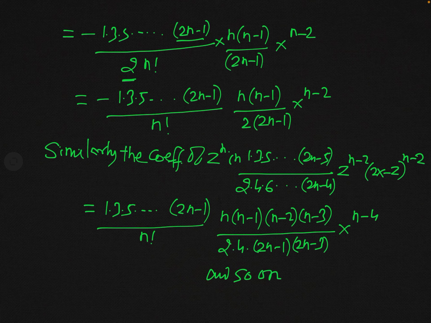So now we will write the sum of these coefficients and express that function 1 minus 2xz plus z square whole to the power minus half.